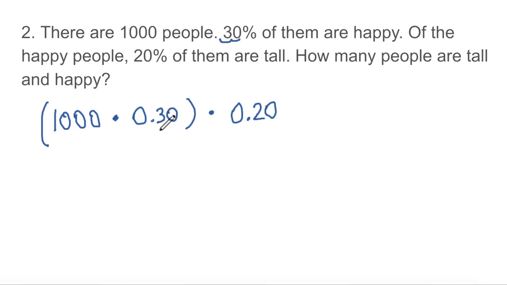So 30% of 1,000 and 20% of that result equals n, the number that are both tall and happy. And when we multiply this out, we got 60 people. So n equals 60 people.